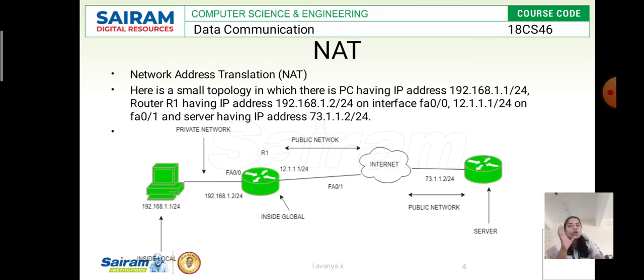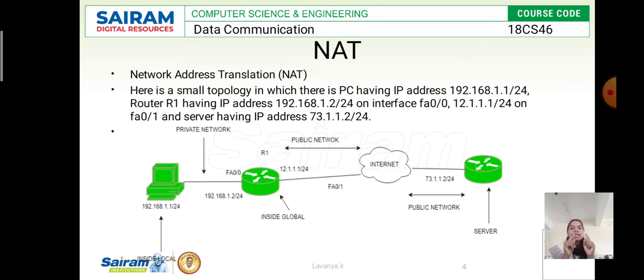This is the topic of network NAT. Network address translation is a process in which one or more local IP addresses are translated into one or more global IP addresses, or vice versa.